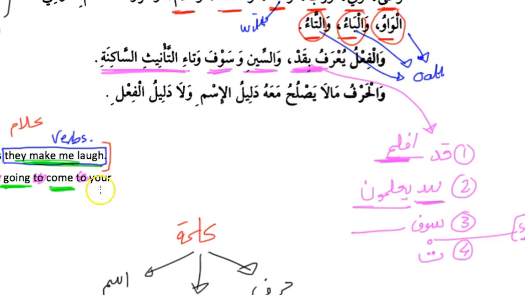So now what's left? Now we've got the harf, the particle, which is left. Harf is that which cannot take the sign of an ism nor the sign of a fi'l. Dalil means sign. This is not asking for Bukhari and Muslim, not that.